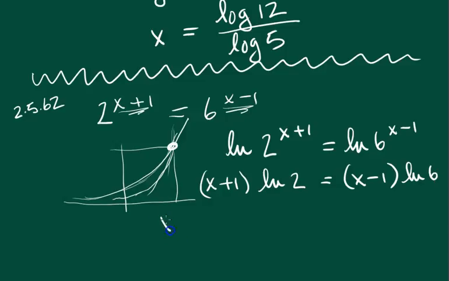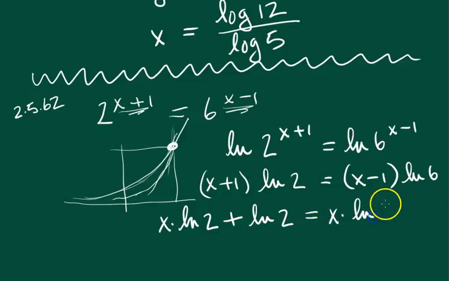So x times log of 2 plus log of 2, I'm distributing the x plus 1, is equal to x times log of 6 minus log of 6.